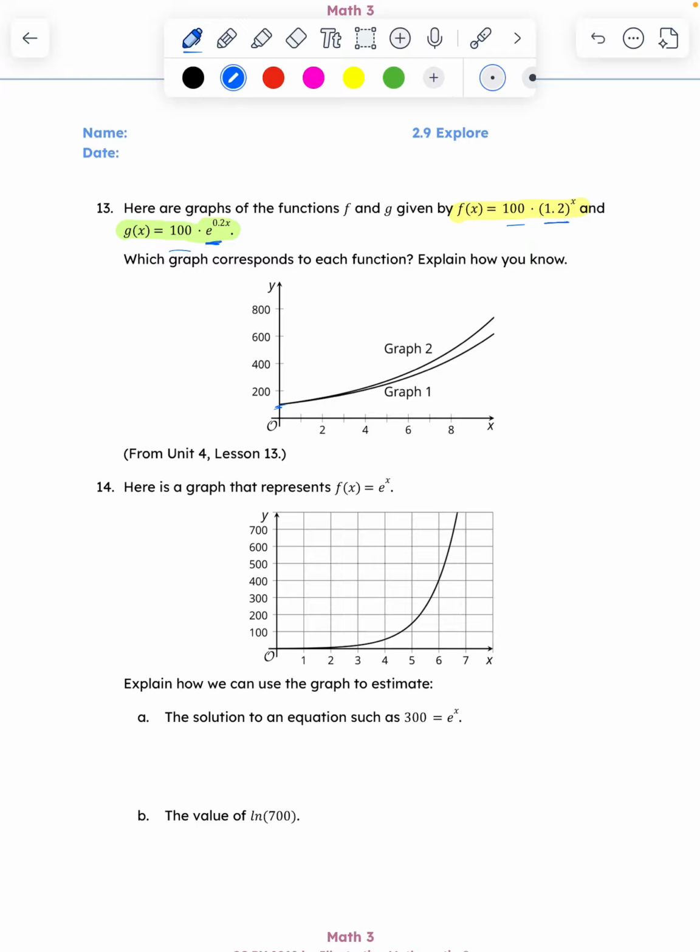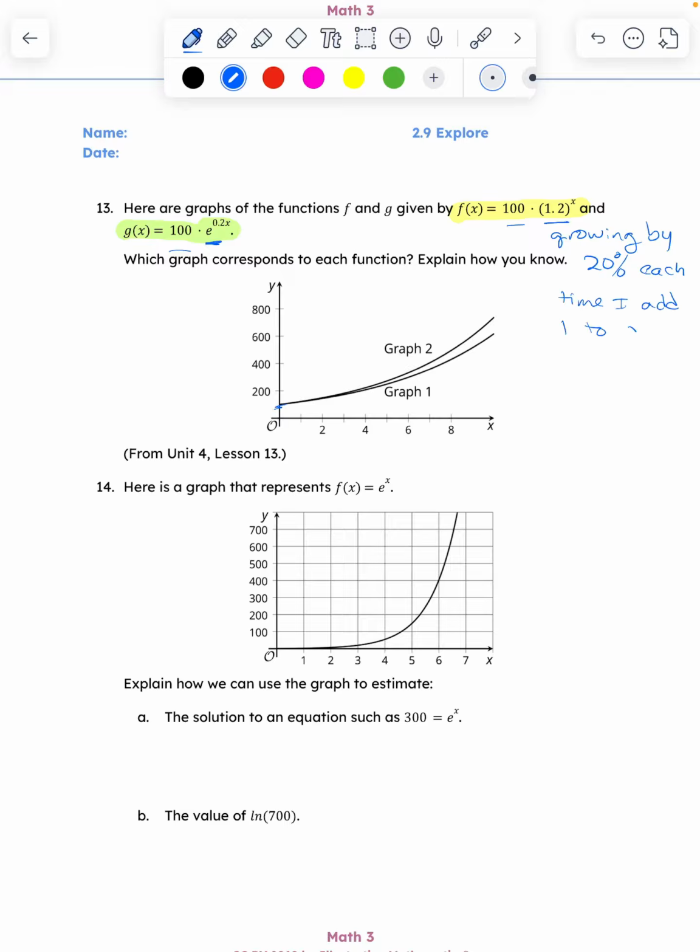So what do I know about them? If I'm looking at my f of x function, that 1.2 in this kind of a function suggests I am growing by 20% each time I add 1 to x.